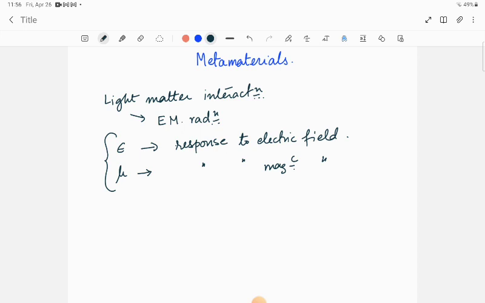So this is exactly what we will be doing again, and that's why metamaterials is a part of our nanophotonics course. So nanophotonics actually encompasses all the processes in which one can modify the dielectric constant and the relative permeability, which eventually points to a change in the optical response of the system.